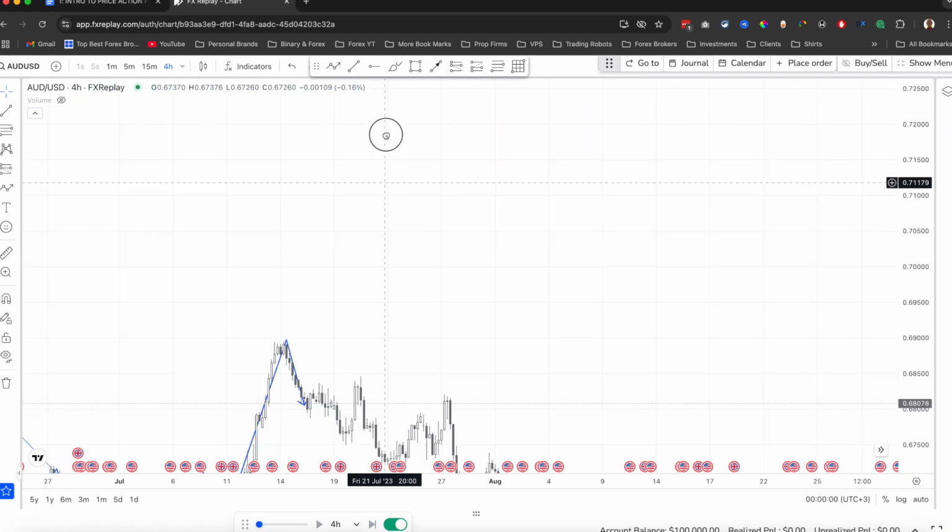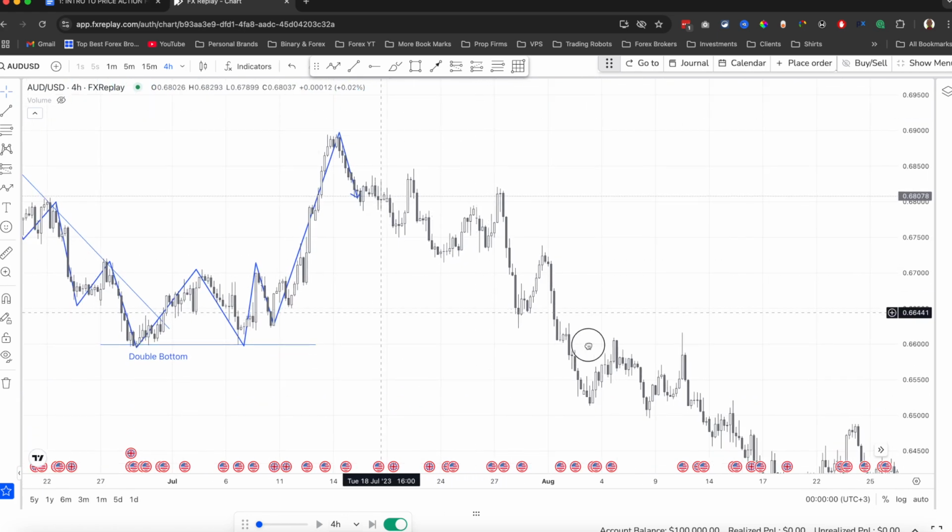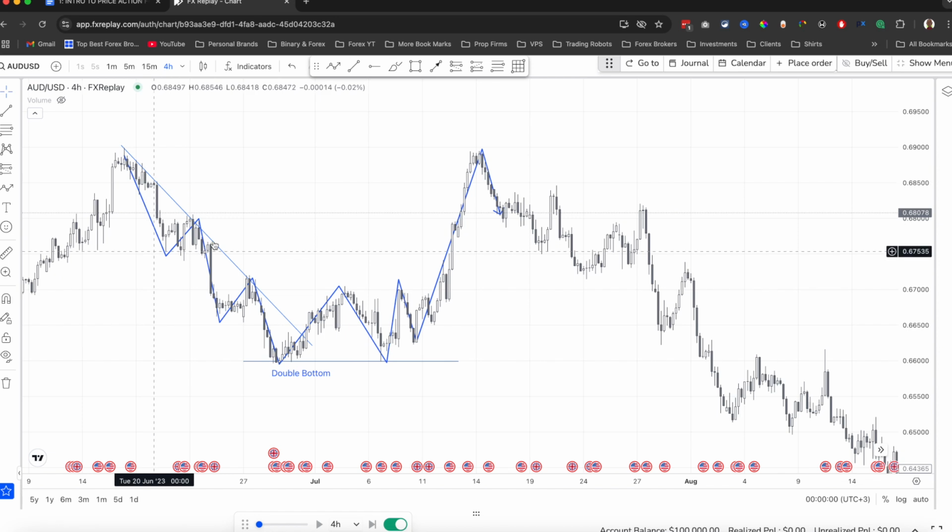So let me just show you exactly what is happening. As you can see here, the price was trending down, and after this break of this trend line, the price came up to retest this bottom, right? The price came up to retest this bottom, and then the price went up. So here, after the price makes a double bottom, that shows a rejection.